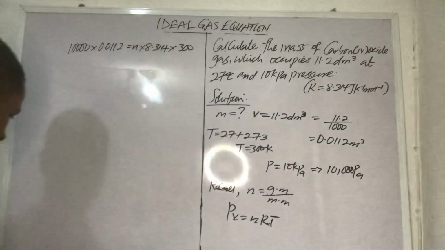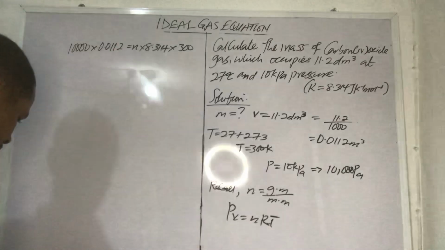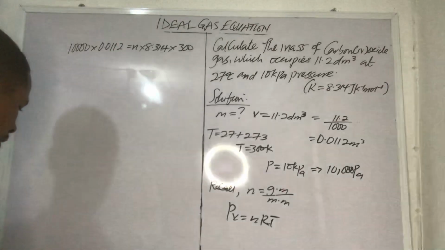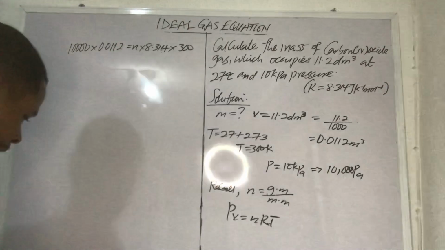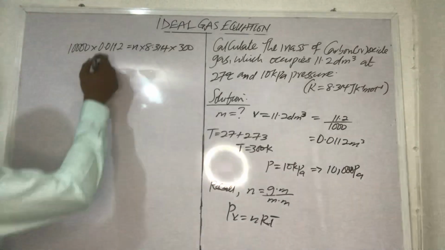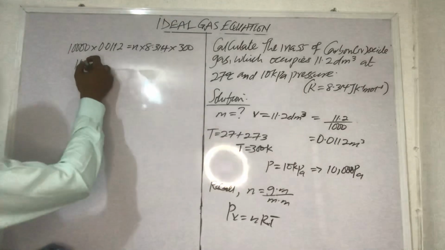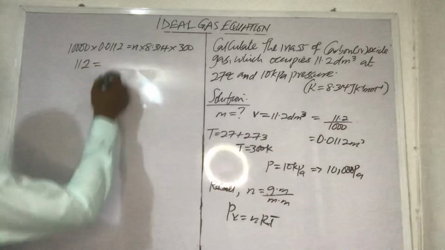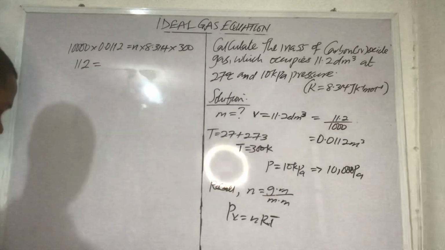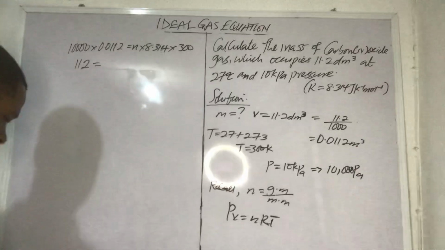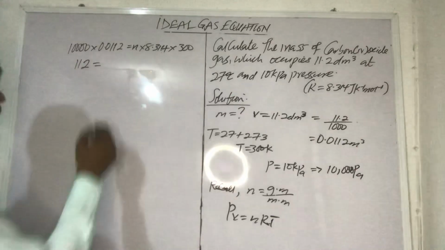So you have 10,000 times 0.0112. That will give me 112 is equal to 8.314 times 300.